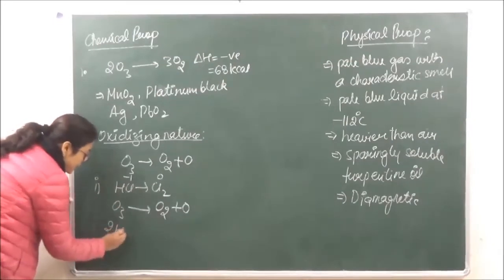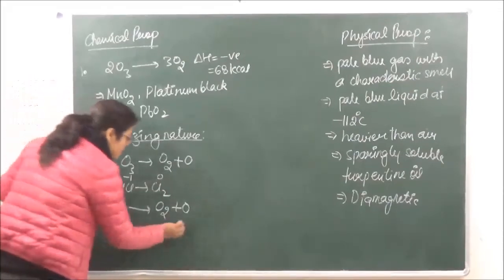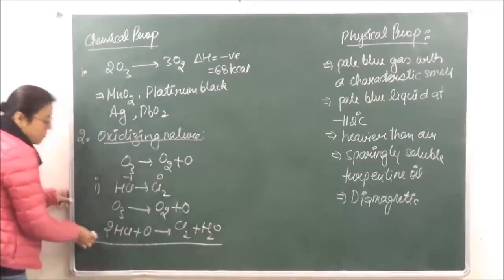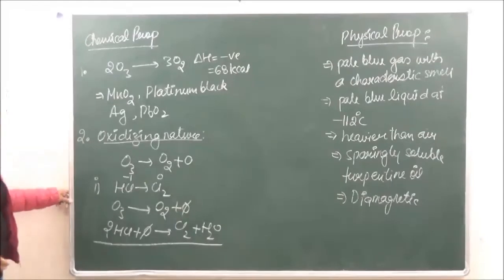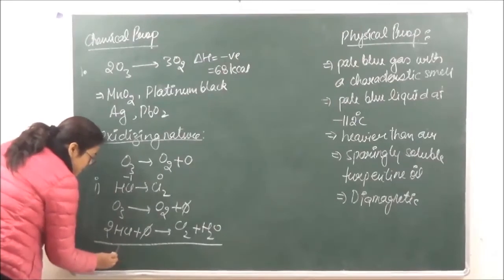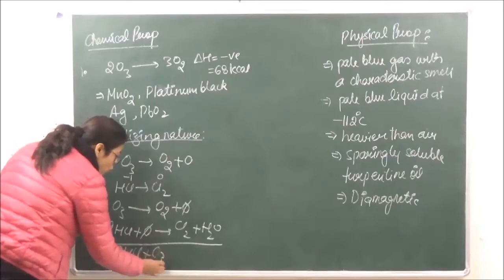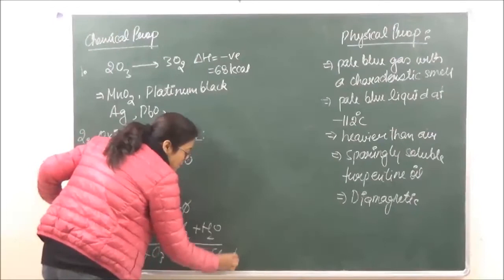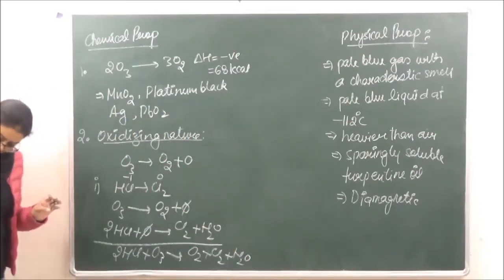HCl reacts with nascent oxygen to give Cl2 plus H2O. The overall reaction: this and this get cancelled, and we get 2HCl plus ozone to give oxygen plus chlorine plus water.